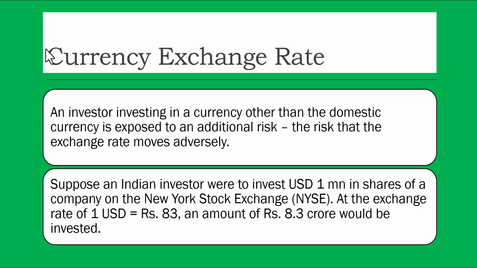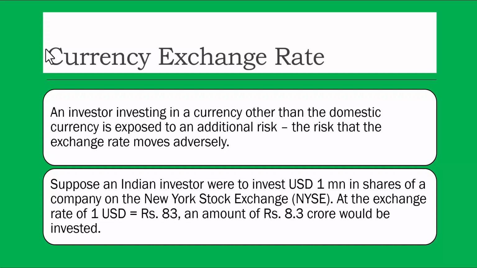Because somebody is earning dollars, and because inflation has happened more in India, he will be able to buy less in India without any fault of the dollar. So the dollar's purchasing power should go up and the Indian rupee's purchasing power should go down. To balance that, the dollar goes up so that the same dollar can buy the same thing.